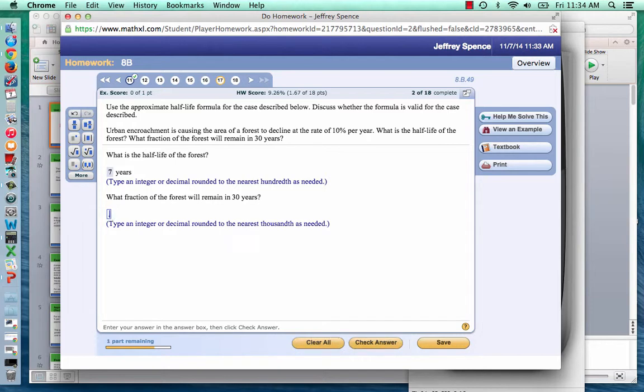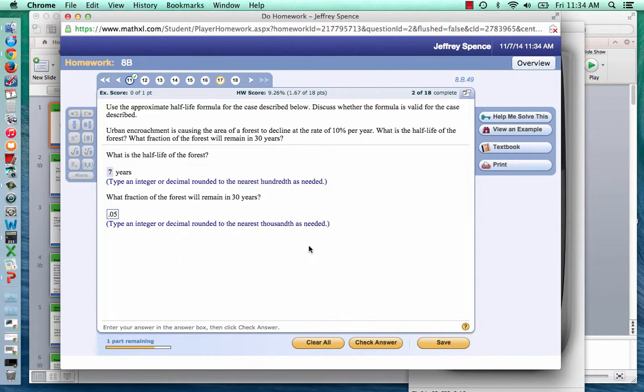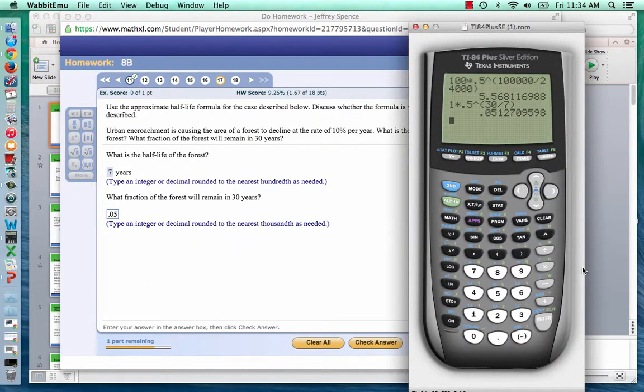What fraction, 0.05, of the initial value will be left? What fraction of the forest will remain in 30 years? Type an integer or decimal rounded to the nearest thousandth. I did 30 divided by 7.